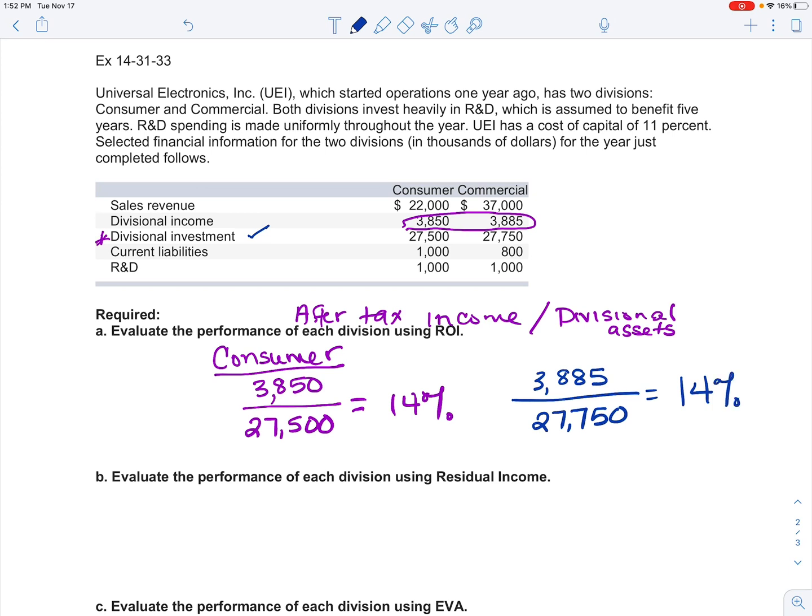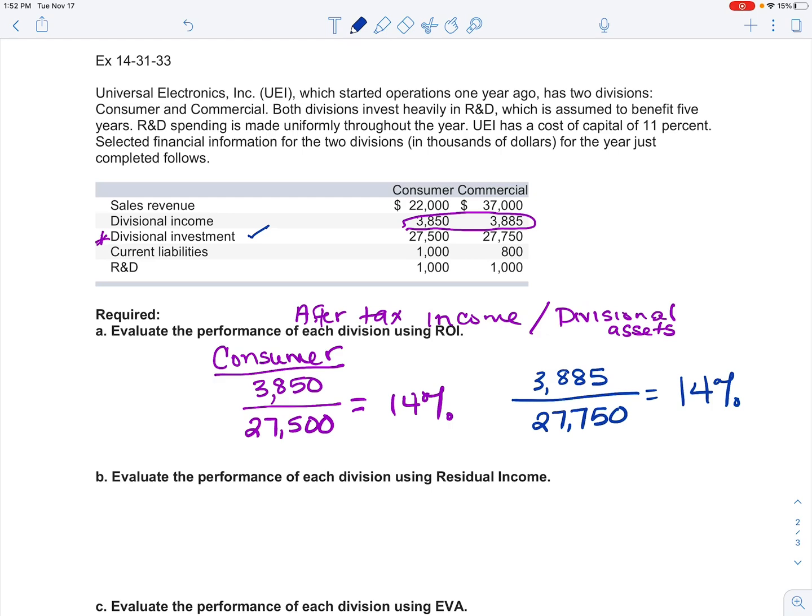You can see, probably not a great example, but these are coming in exactly the same. So they both are performing equally well. That would be an example of, maybe I shouldn't be looking at return on investment. I have to review another performance measure to see which area is outperforming the other.